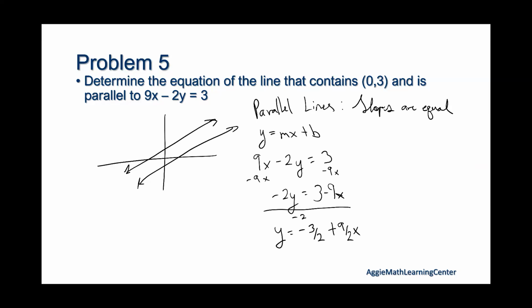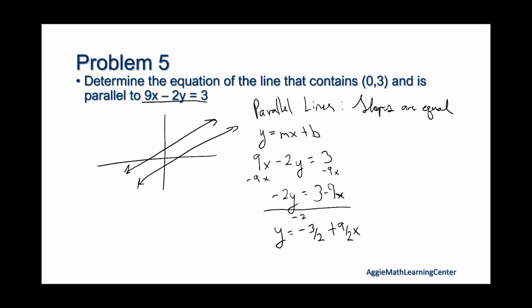Okay, so as we go through this problem, a couple different options. You can start by trying to set up this equation that we're given for the parallel line in either standard or slope-intercept form. I chose to put it in slope-intercept form.